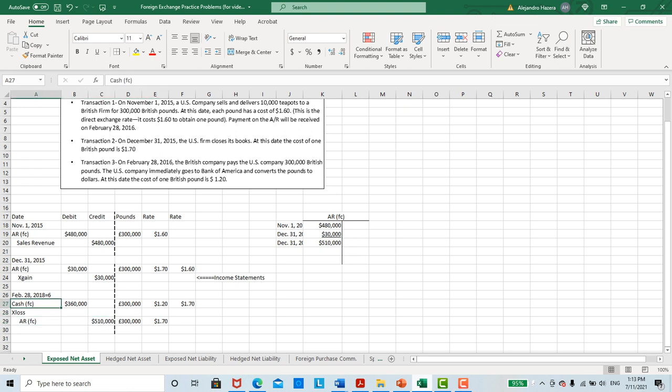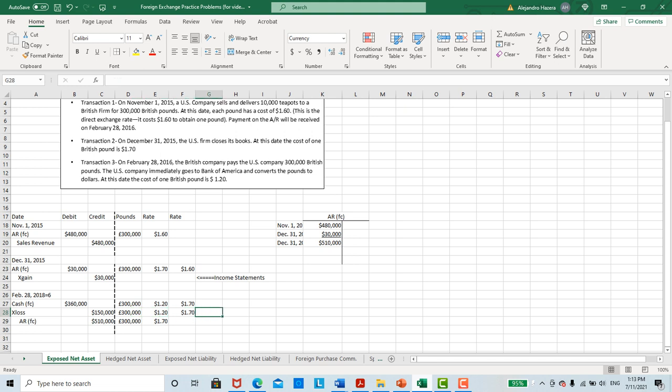And now the exchange loss. Exchange loss obviously is going to be 510,000, which is what they were worth back at the end of last year, and what they're worth now is 360,000, so 150,000. So one way to do it is you can just take the plug. The more logical way to do it is to recognize that you've lost 50 cents for each one.